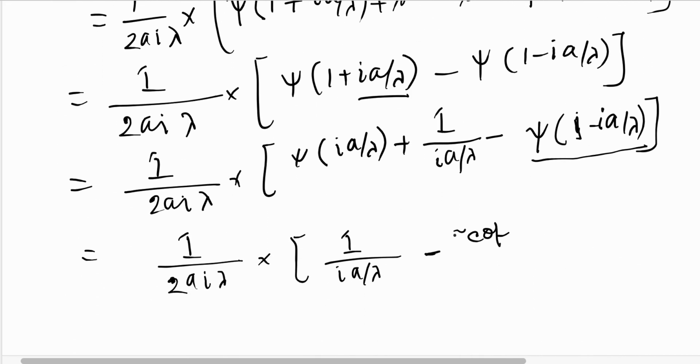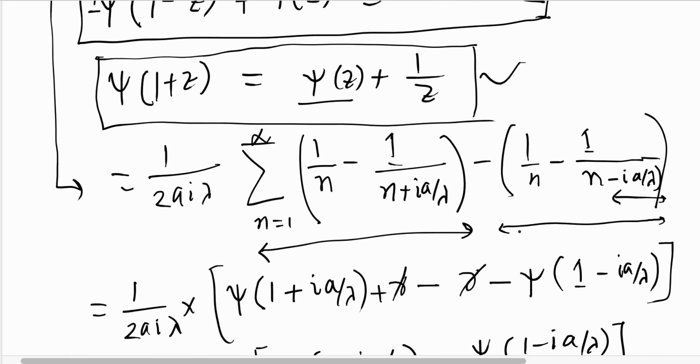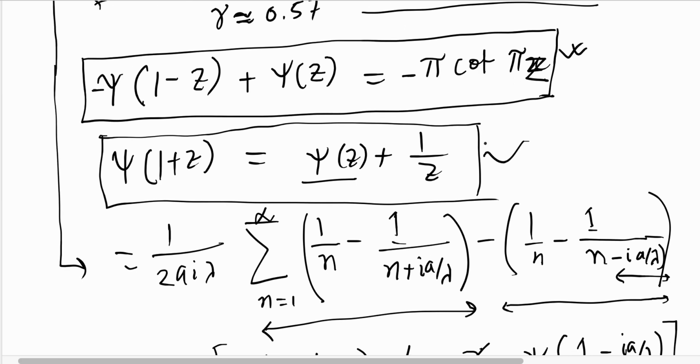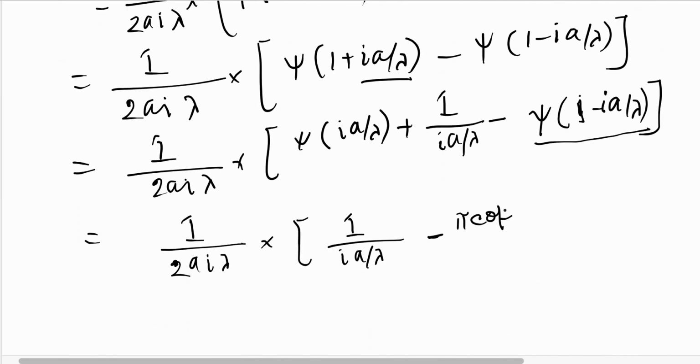So 1 by 2ia lambda into pi cot pi z. Here z is nothing but ia by lambda.